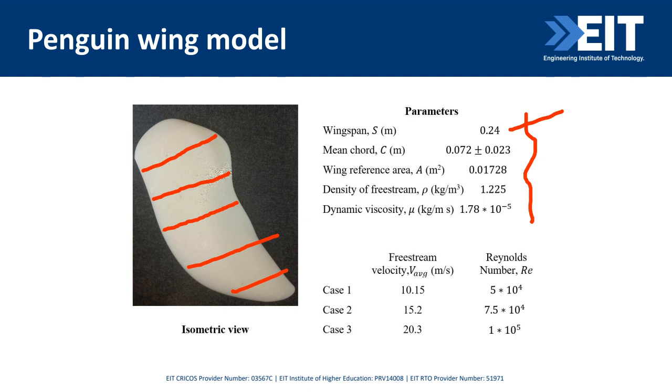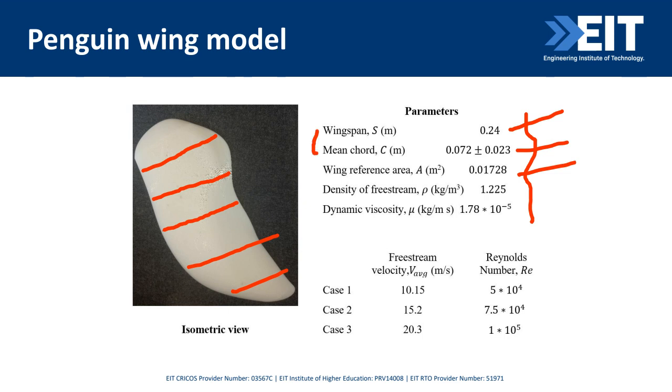While doing simulation, I'll show a demonstration of simulation within 10-15 minutes. I need to put the value of mean chord because during generating the domain, we need the mean chord. And this is the area that I simply calculated, multiplying wing span with the mean chord. And those are the properties of air.